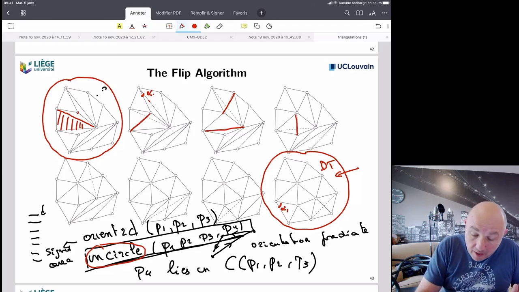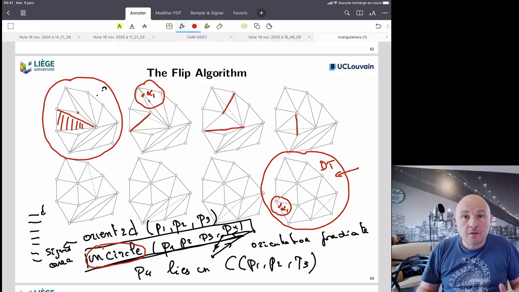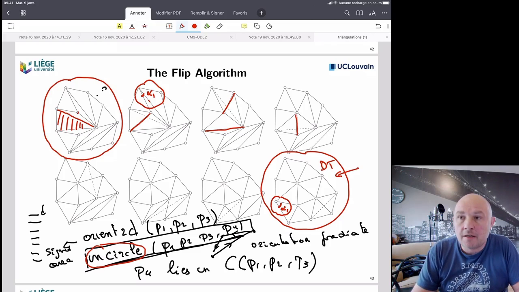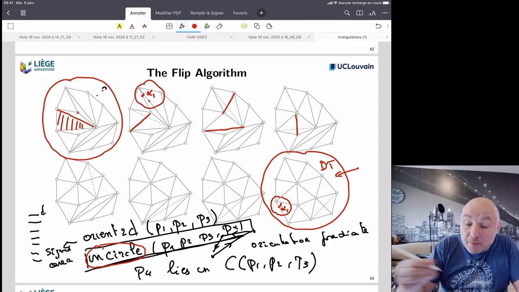The alpha 1 of that triangulation is way smaller than the alpha 1 of the Delaunay triangulation. But that's not a hazard. It's the property. It's the main geometrical property of the Delaunay triangulation.